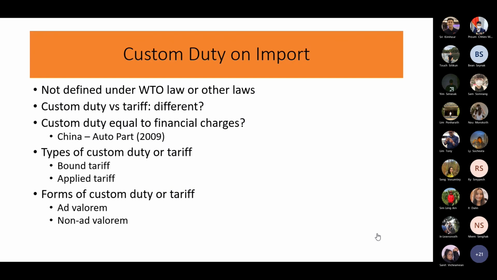Tariff is the tax that we impose on goods at the border, especially when they are about to be imported into one country. For example, if Cambodia wishes to import a car from Japan, let's say a Toyota, Cambodia will apply 20% or 200% of tariff. It means that Cambodia will apply 200% of custom duty, the duty that is applied at the border, because custom here only works at the border. Custom means customs officer.